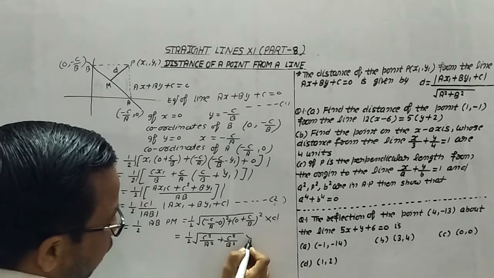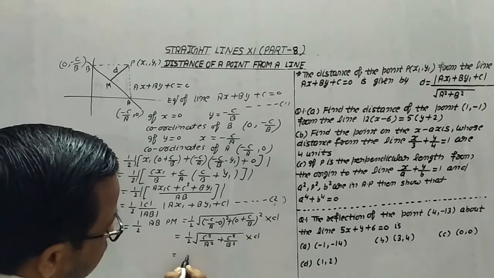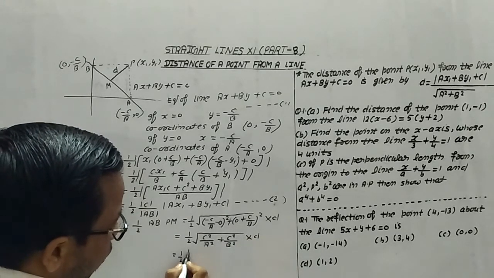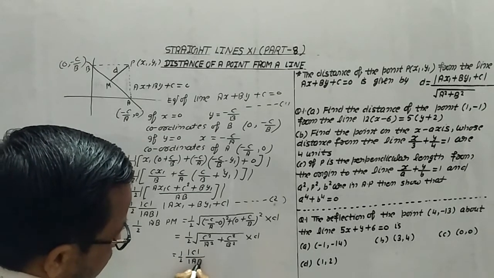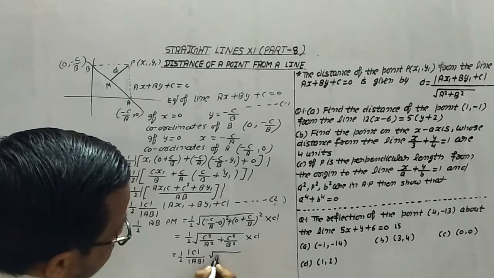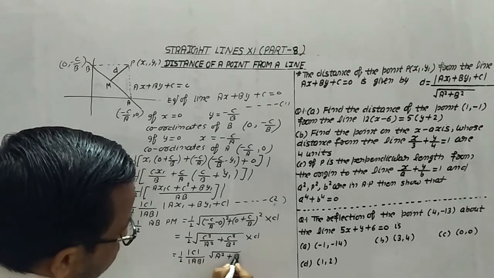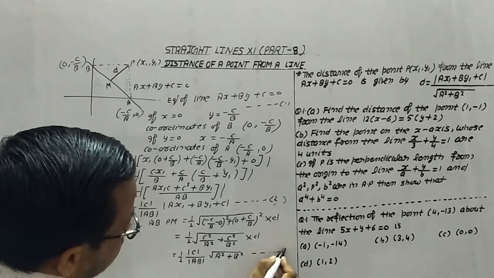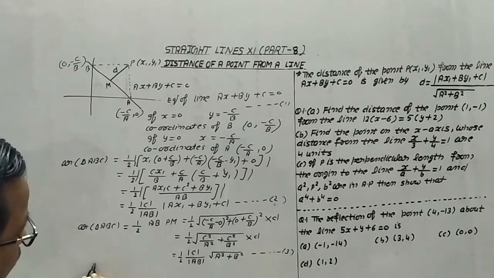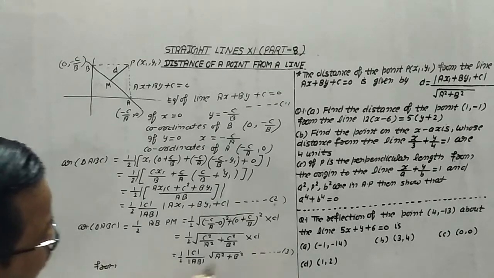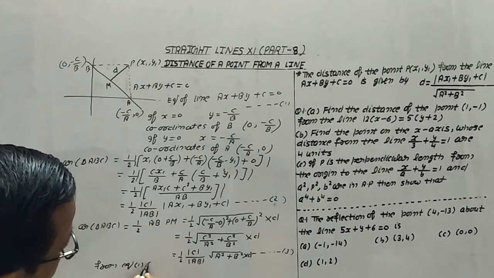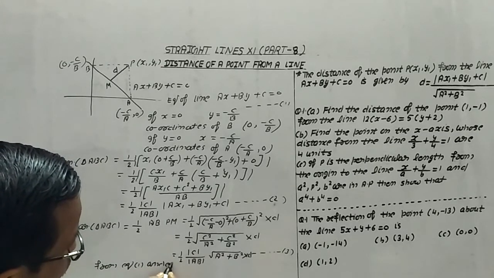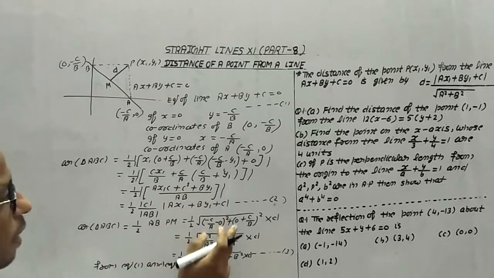Once we take the LCM, after taking LCM, it will give half modulus of c and then modulus of ab, and this is under root a square plus b square. This is equation number 3. Now we can say from equation 1 and 2, what we are observing from equation 1 and 2, we will get the desired result.